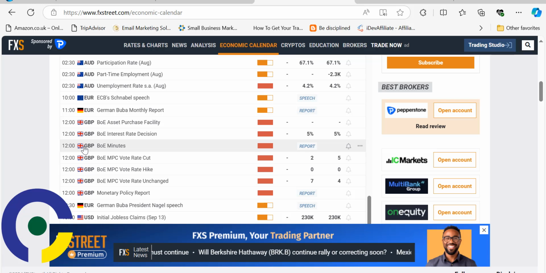The forecast for this month is that two members of the Monetary Policy Committee are voting for a rate cut for the GBP. However, in the rate hike segment, there's no forecast of any of them going for a rate hike. Okay, so everything is at par, zero previously, zero now.